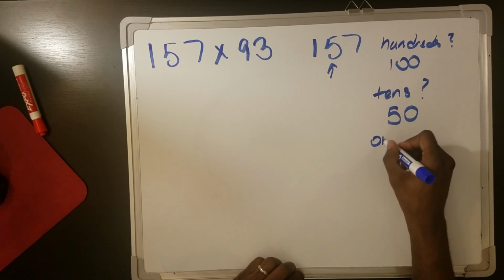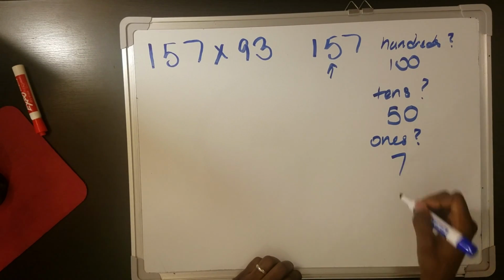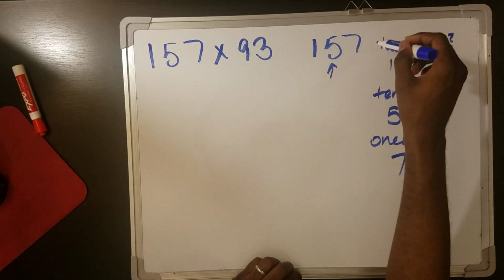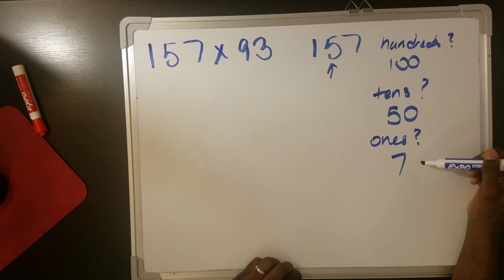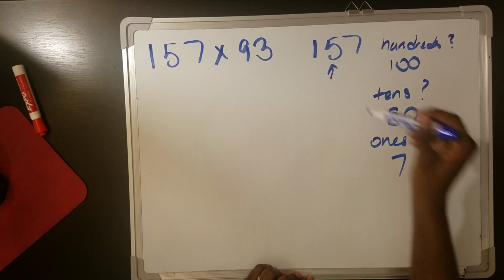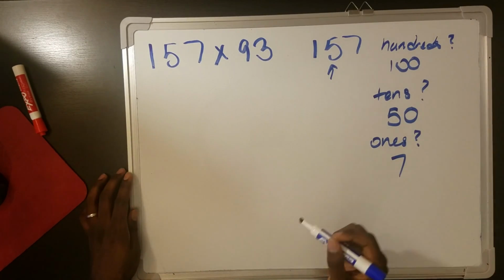Does it have a ones place? Yes. The 7. So you can break up 157 into its hundreds place, its tens place, and its ones place. And you notice, if you add up all of these, you get this number back. All right? So let's write this on the side.